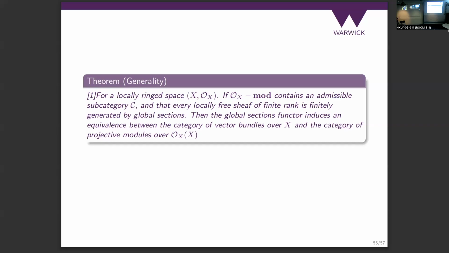And if the higher ones vanish, then we say that the object is acyclic. The admissible subcategory also has to contain all locally free sheaves. That's the setup for this theorem, and it says that when those requirements are satisfied, then we do have this exact Serre-Swan correspondence. Is that helpful?